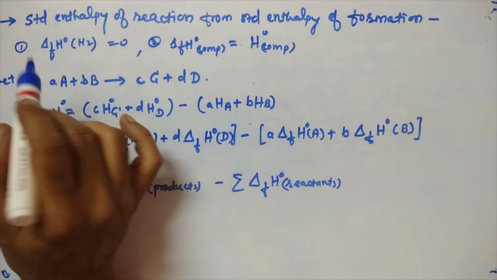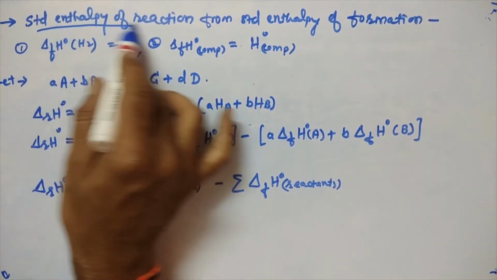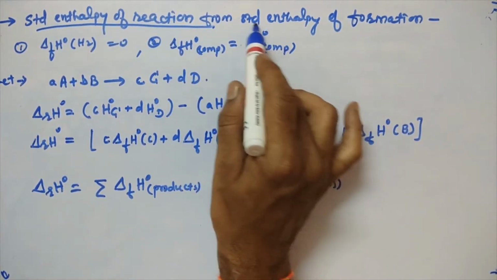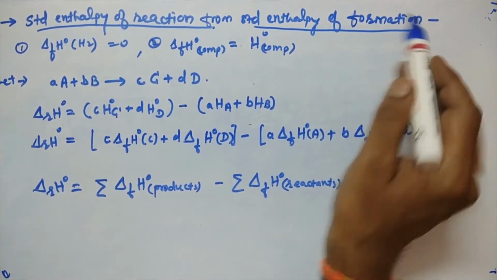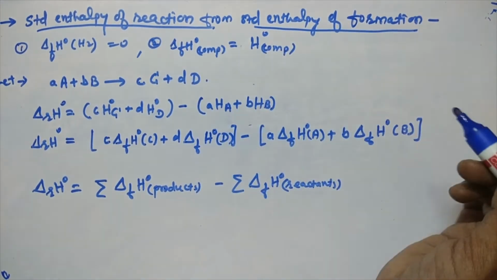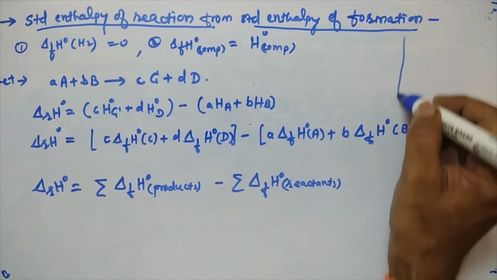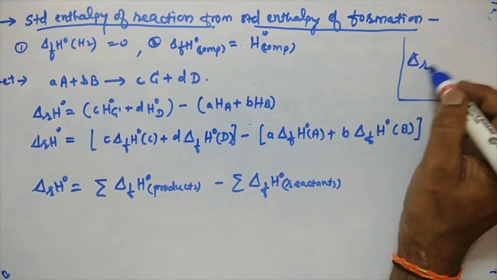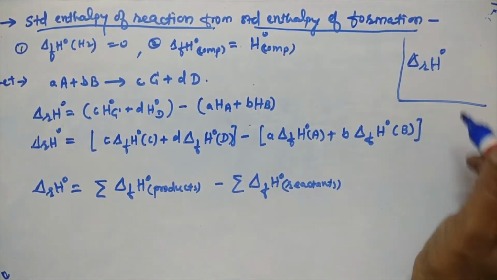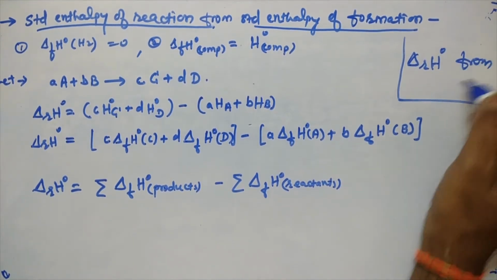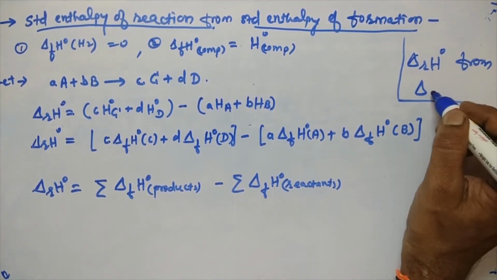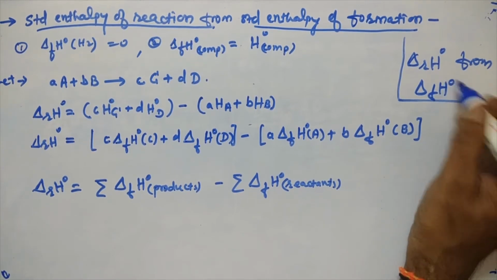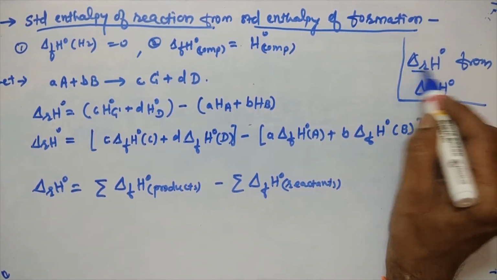Here is one bit: the standard enthalpy of reaction from the standard enthalpy of formation. That is how you can just guess, consider it. That is standard enthalpy of reaction, delta RH, from delta FH, standard enthalpy of formation.